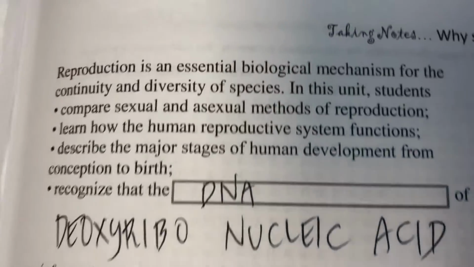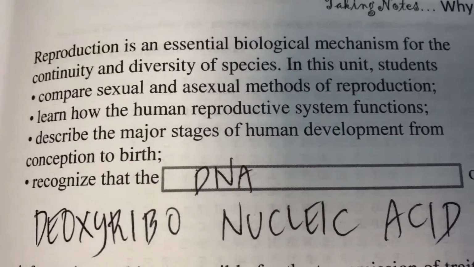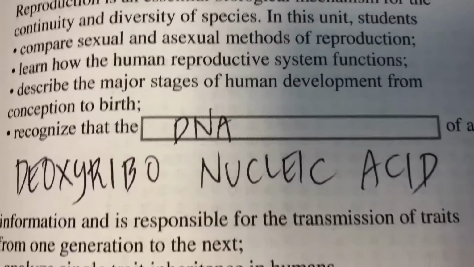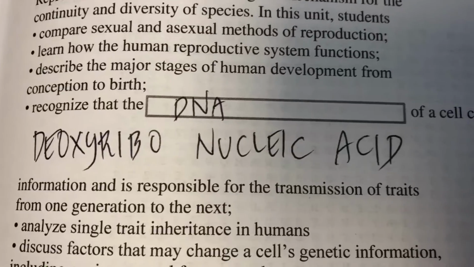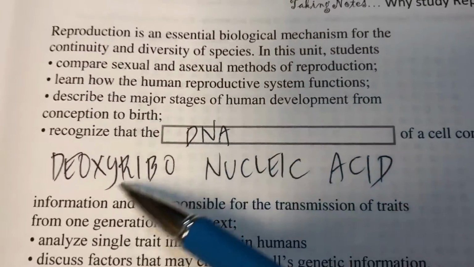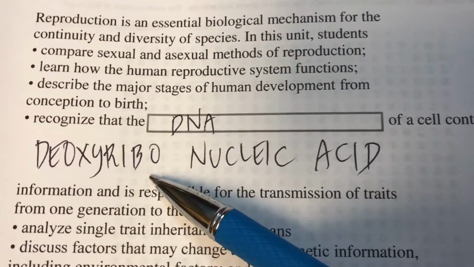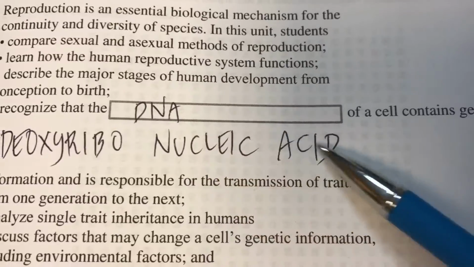Oh, I almost forgot. Class, can you please turn now to page 5? Because there is something that needs to be filled out, right? So this page talks again about what reproduction is all about and the importance of DNA. DNA stands for deoxy. The D there stands for deoxyribo, N for nucleic, A for acid.